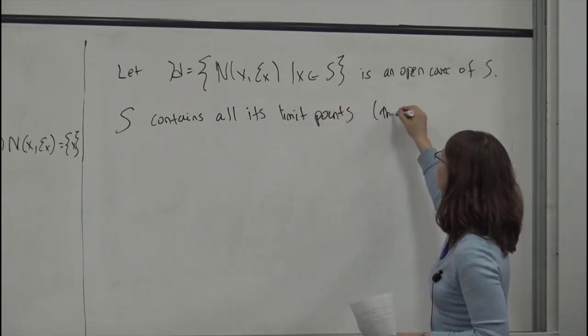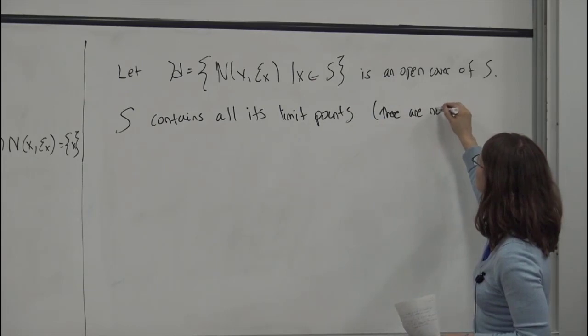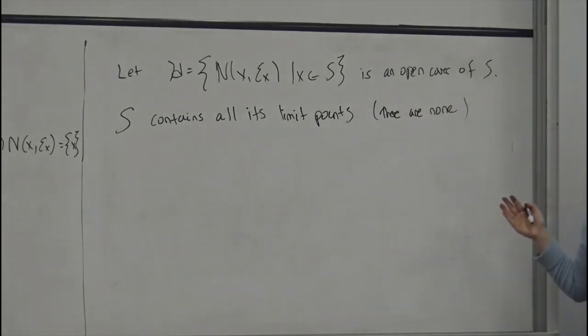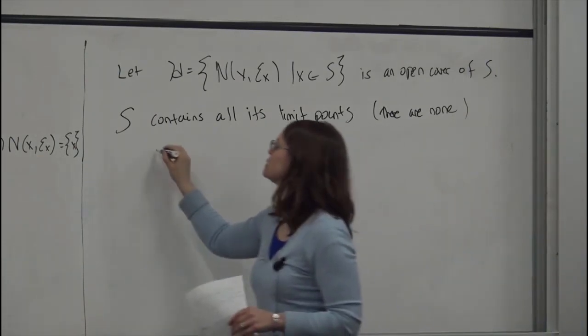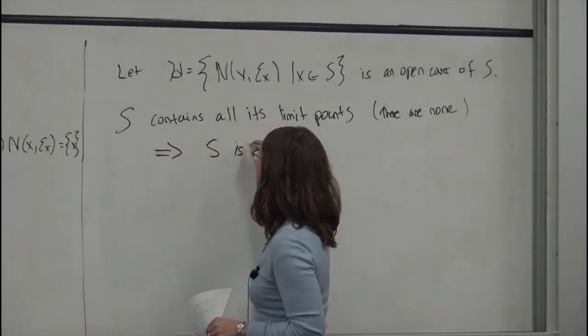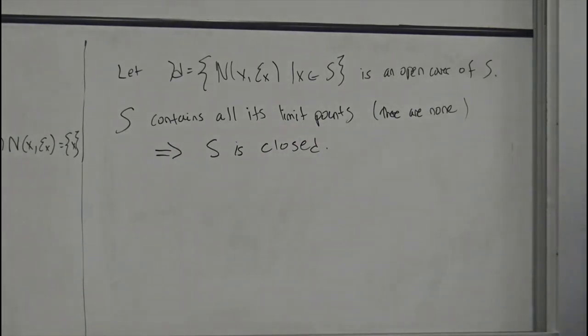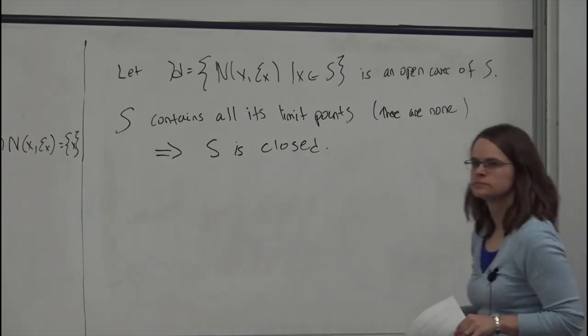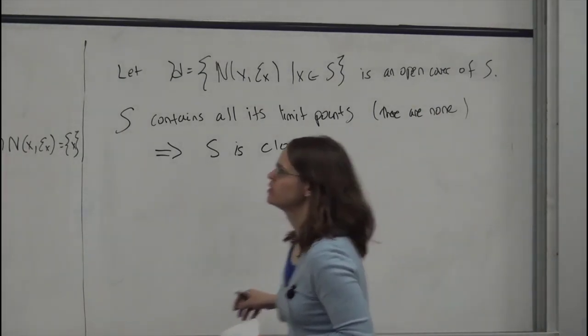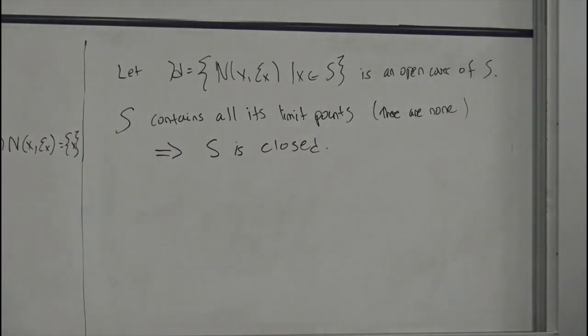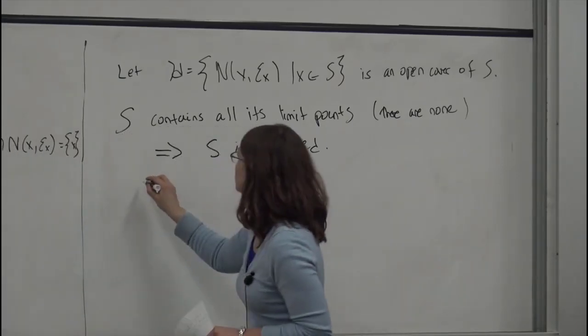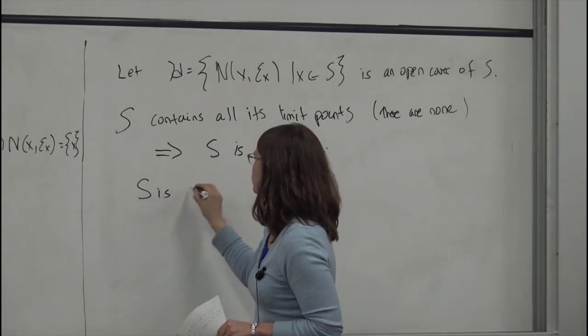There are none, so trivially, the set of limit points is the empty set, which is certainly contained in S. So S is closed. S is also bounded. That was one of our hypotheses. So we start with a bounded set. So S is compact.